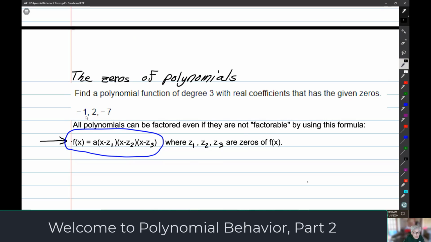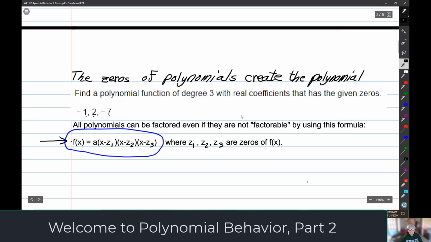It all starts with these three numbers for the problem we're going to do now. So the zeros of polynomials actually build, they create the polynomial. And they do that in the following way.